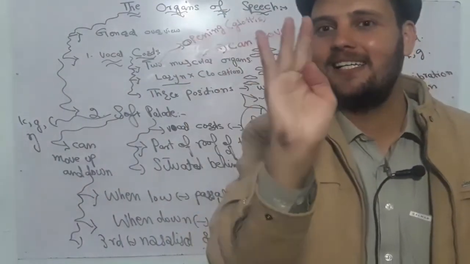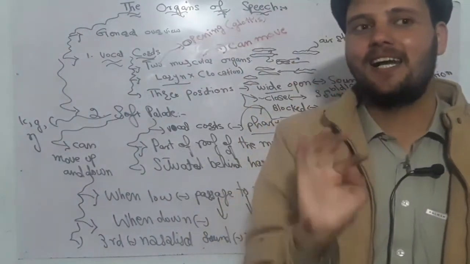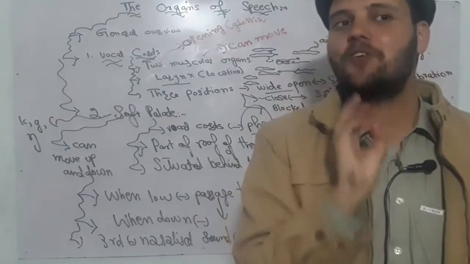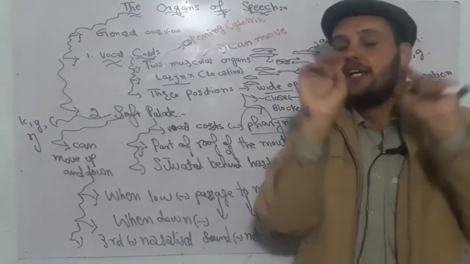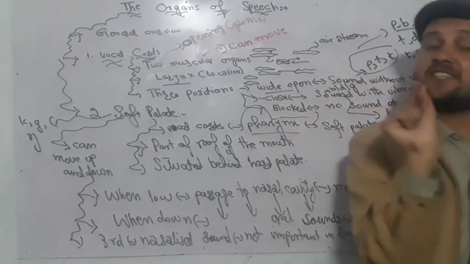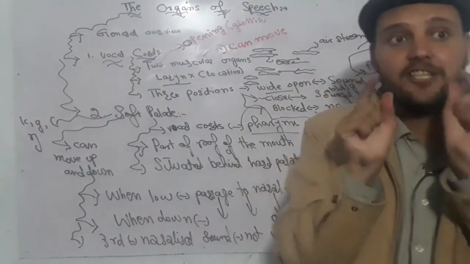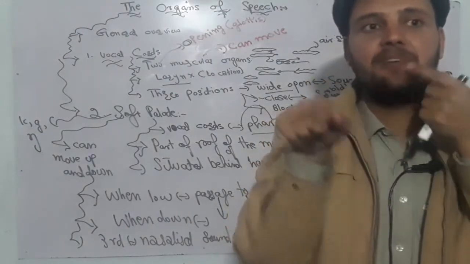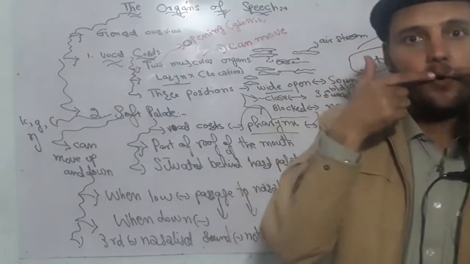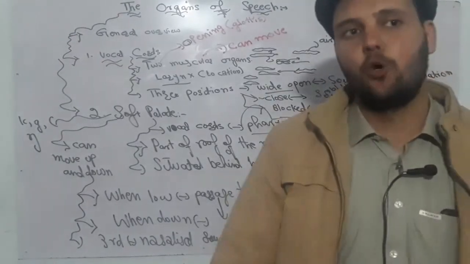Ma, na, ing. These three sounds are called nasal sounds. Remember, English has only three nasal sounds. In other words, English has only three sounds that are created when the airstream does not come out through my mouth and comes out through my nose.